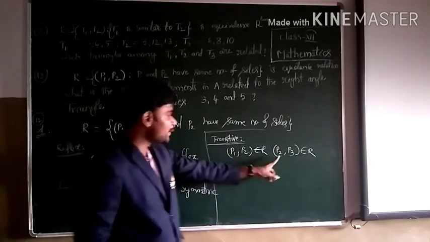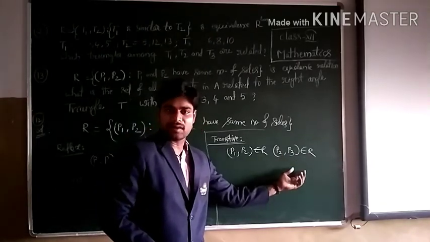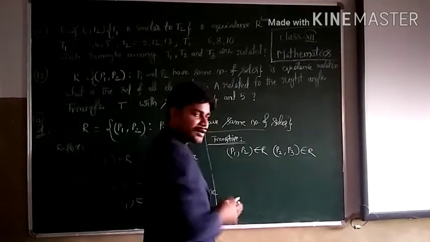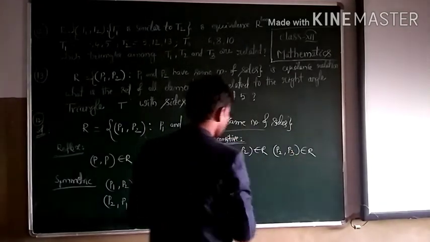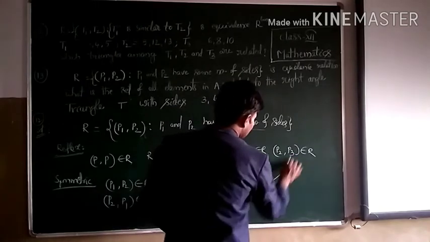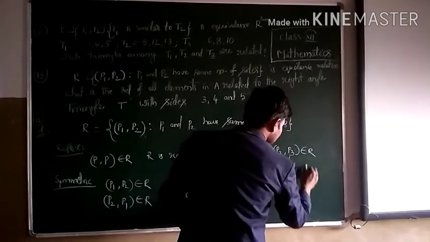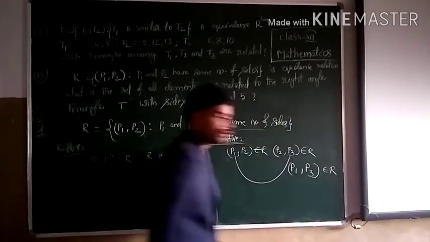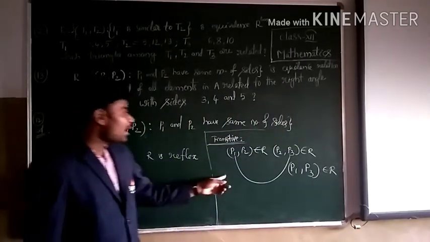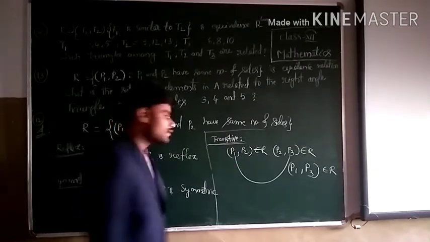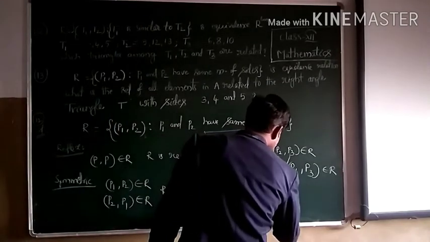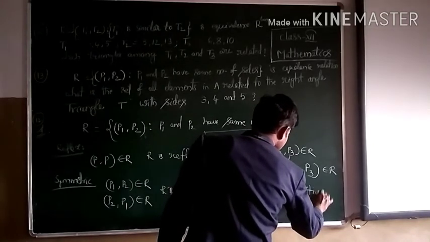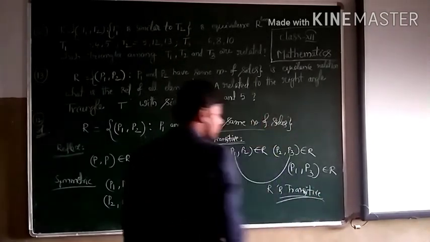Again, P2 and P3 have the same number of sides. So these two have the same number of sides and these two also have the same number of sides. Then finally P1 and P3 also have the same number of sides. This also belongs to R. So R satisfies the transitive relation. R is a transitive relation. Clear?